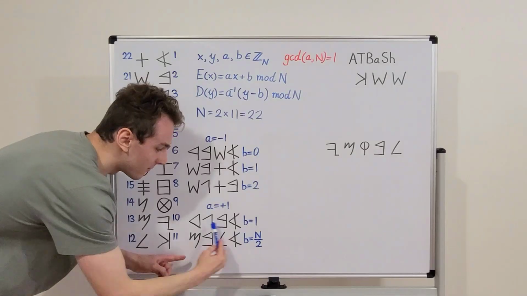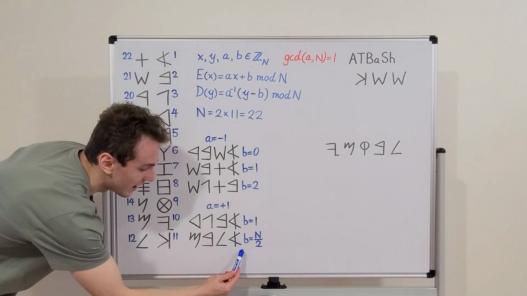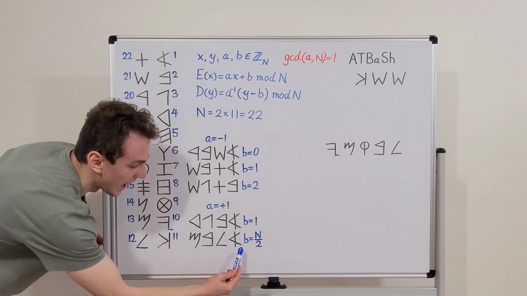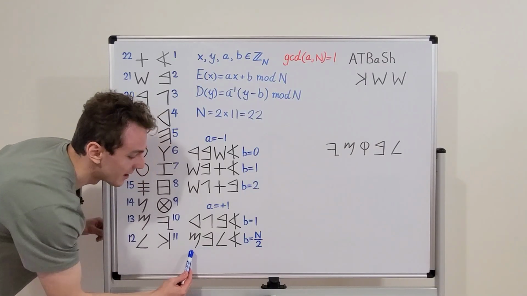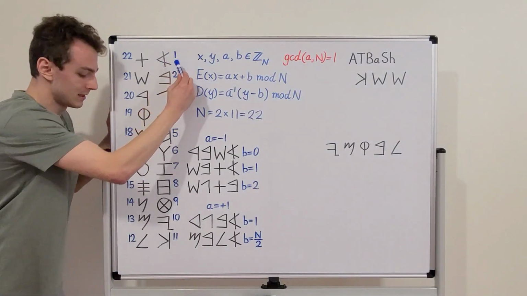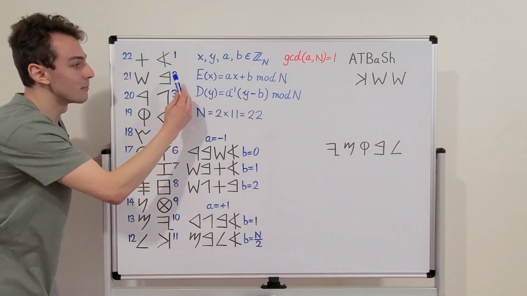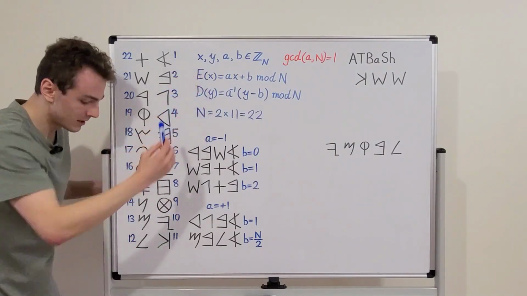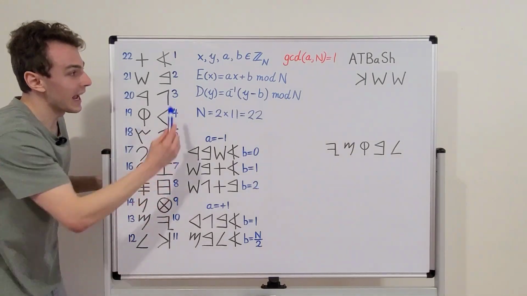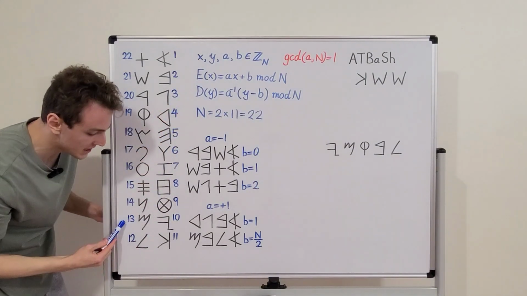Now let's have a look at this final example. Here we have Al-Bam. Al-Bam is aleph, lamed, bet, mem. So aleph, lamed, bet, mem. We're mapping 1 to 12 and 2 to 13.